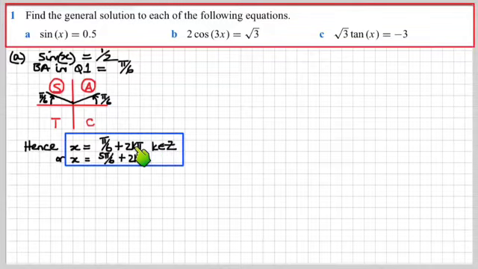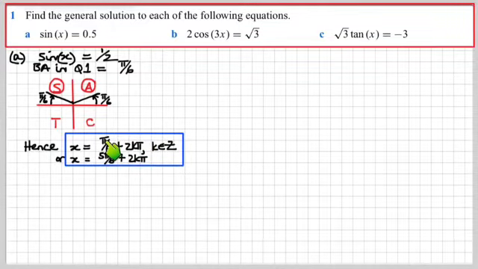And you're doing any number of multiples of 2 pi, because that means you could have, for example, pi on 6, or pi on 6 plus 1 revolution of 2 pi if k was 1. Okay, so pi on 6 plus 2 pi, or if k was 2, you'd have pi on 6 plus 4 pi, or if k was 3, pi on 6 plus 6 pi, and so on, forever.